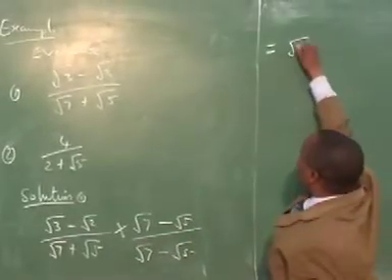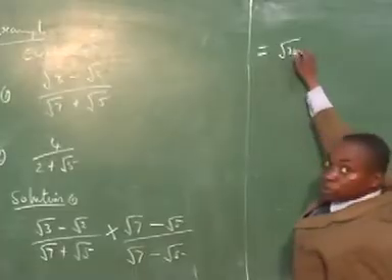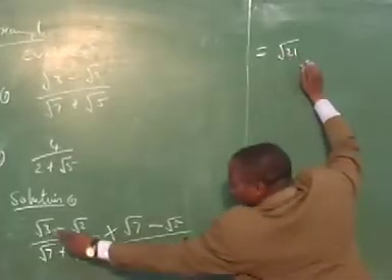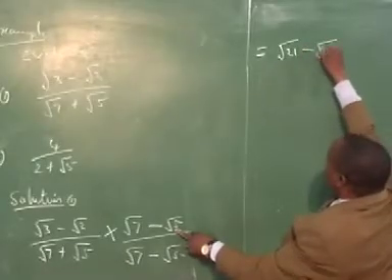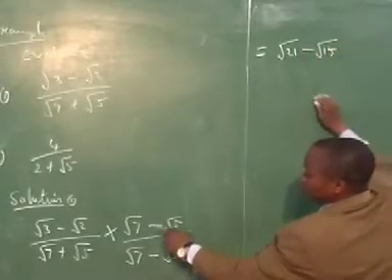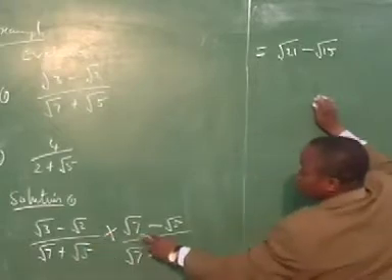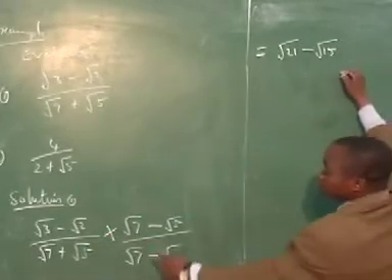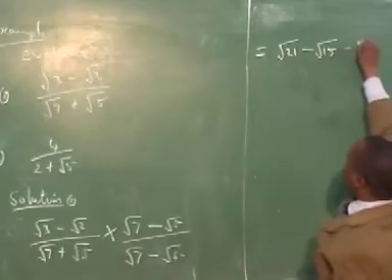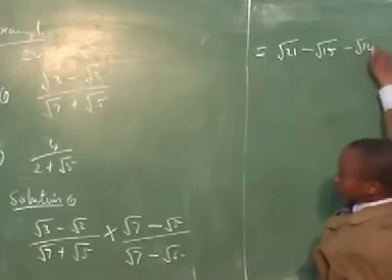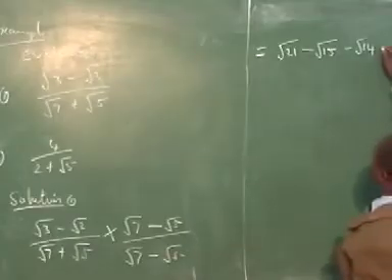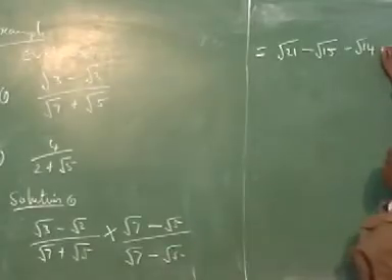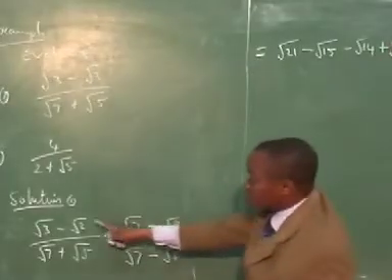Then we have root 21 as root 3 times root 7. Root 3 times root 5 will give us minus root 15. Root 2 times root 7 will give us minus root 14. Then root 2 times root 5 here will give us plus root 10, because of minus and minus.